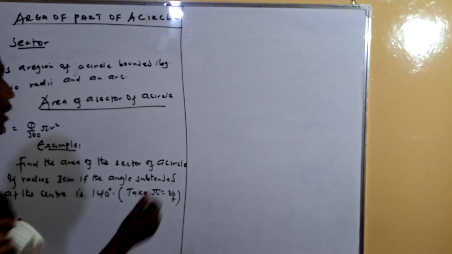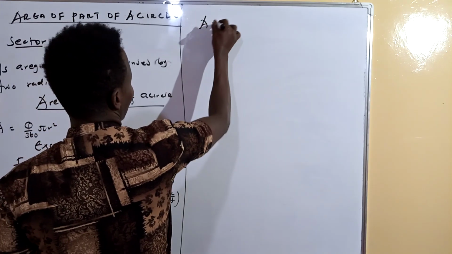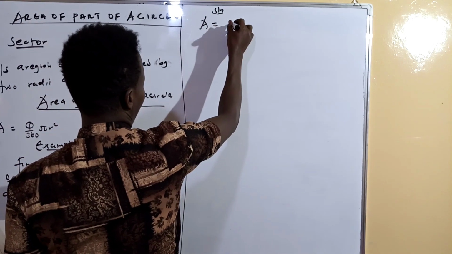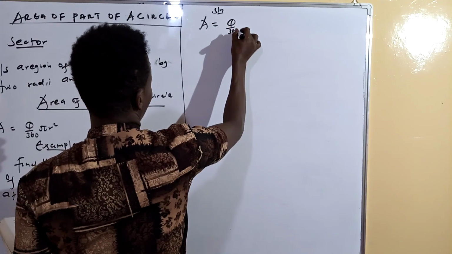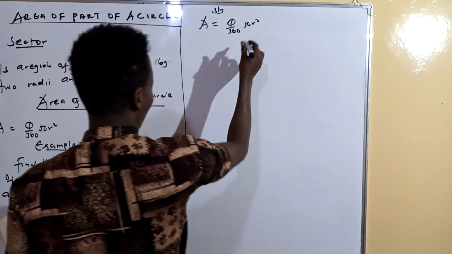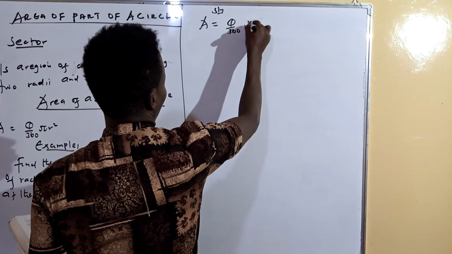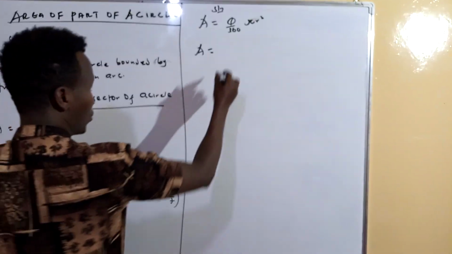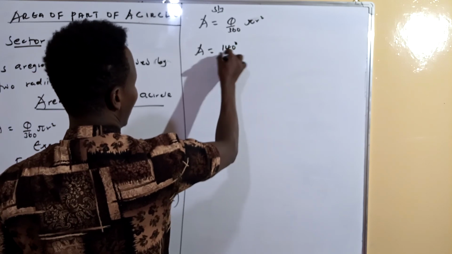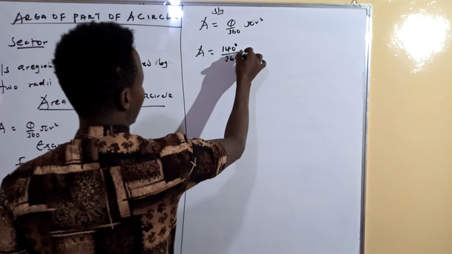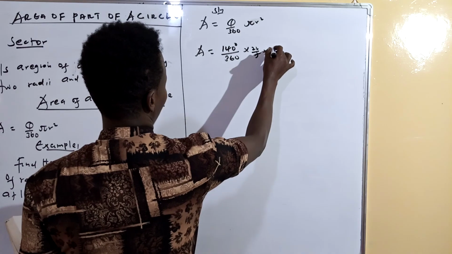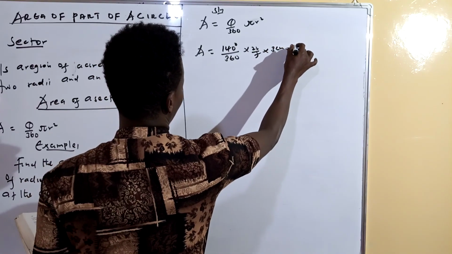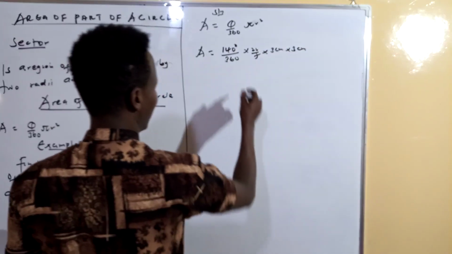Now we know that area is equal to theta over 360 times pi r squared. Area therefore is equal to 140 degree over 360 times 22 over 7 times r squared, which is 3 centimeter times 3 centimeter.